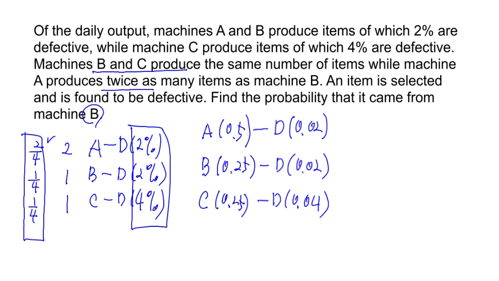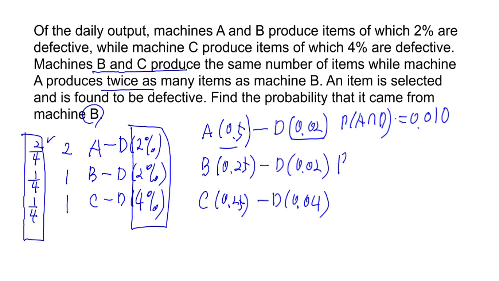So from the situation, what is the probability of A and D? You can simply multiply these two numbers, right? This and this, which is 0.010. Okay?